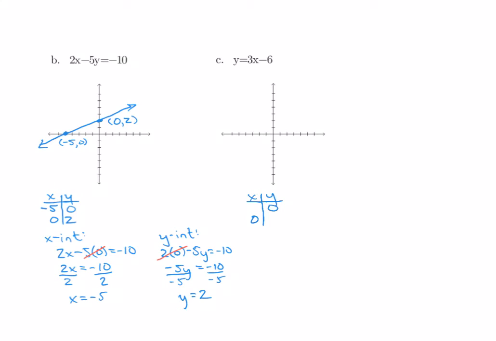So for the x-intercept, if we plug in 0 for y, we get 3x minus 6. We want to solve for x, so I need to add 6 to both sides, and divide by 3. So we get x equals 2 when y is 0.